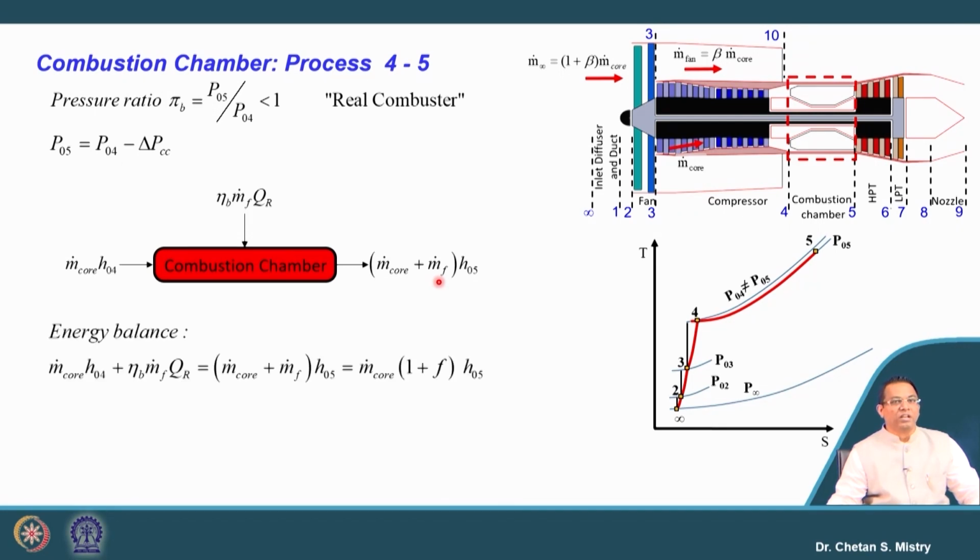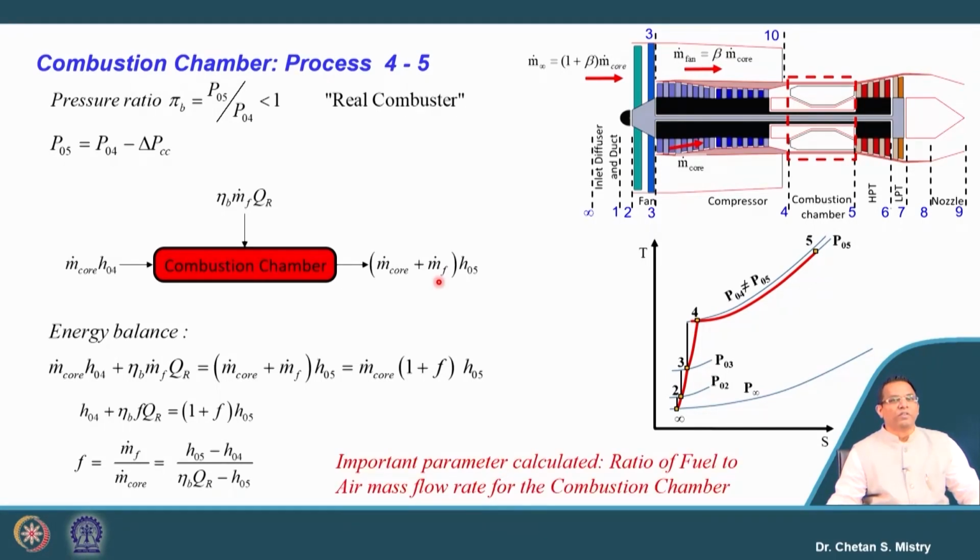And if we do our energy balance, we will be able to calculate the fuel air ratio for this particular engine configuration. Now, let us try to do this calculation as we have discussed for the fuel air ratio. Again, be careful what numbers are given.